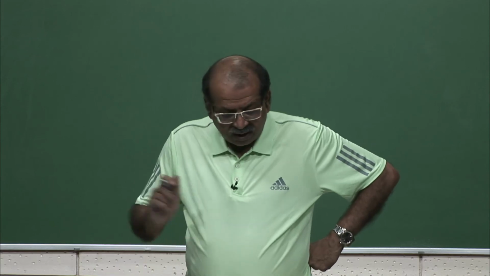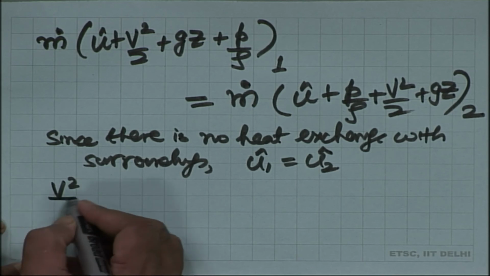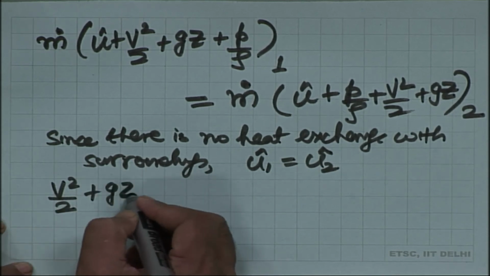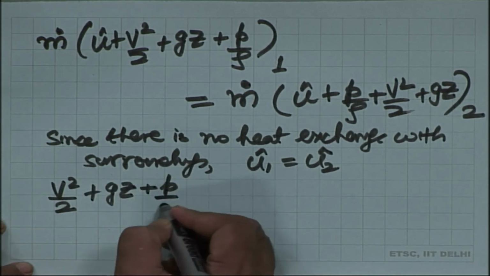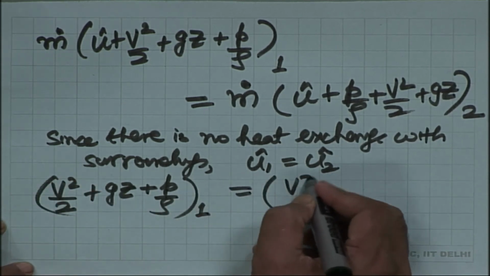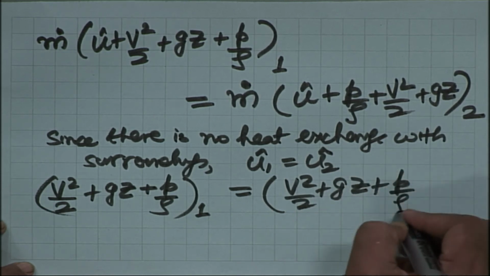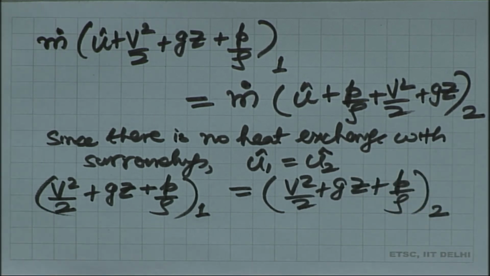Then we are left with V square by 2 plus Gz plus P by rho at the inlet is equal to V square by 2 plus Gz plus P by rho at the outlet.